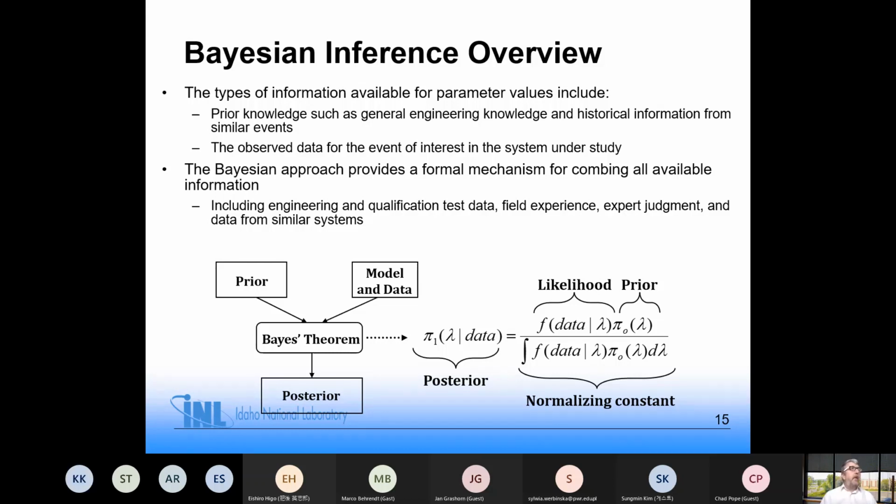So if we look at then from a process versus a formulaic view of Bayesian inference, what we're doing is, again, we're taking information related to the parameters in our PRA. The knowledge that we have behind that could be historical information, could be engineering knowledge, could be observed data.